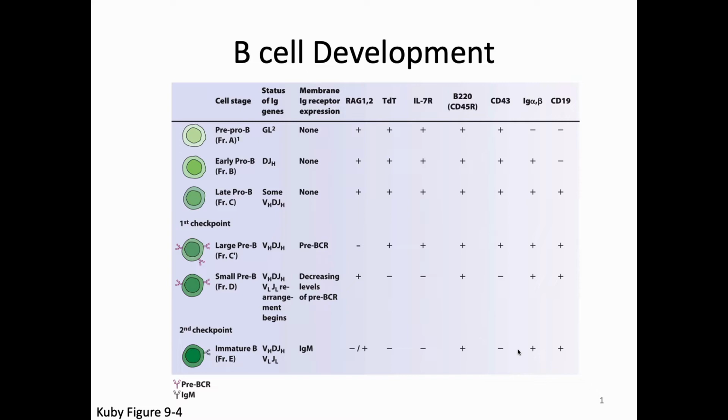Jen? The heavy chain? Anything else? Jamie? Exactly. So it's the heavy chain plus the surrogate light chain. And those 2 things together are known as the pre-B cell receptor, the pre-BCR.